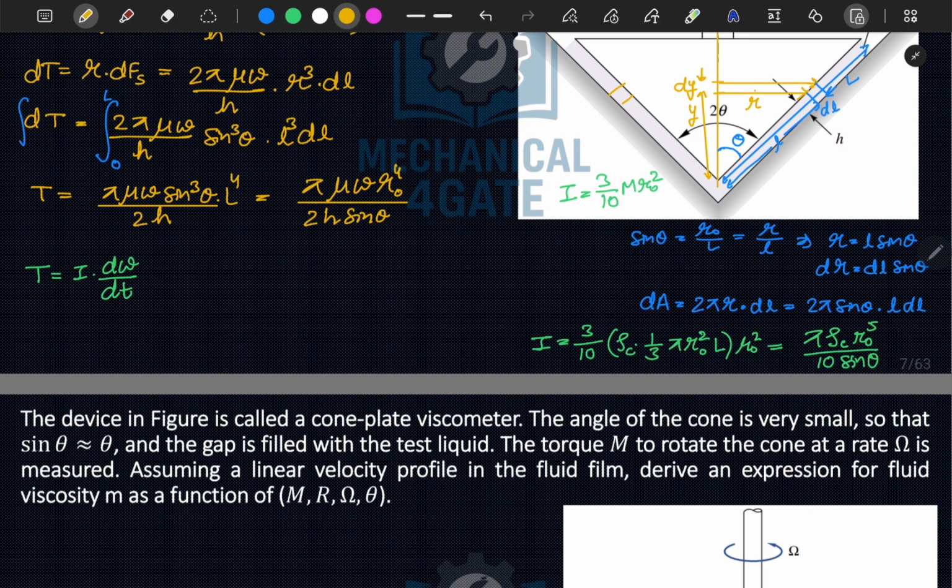So this I can write as minus pi μ ω r naught to the power 4 upon 2h sin theta is equal to I, that is pi rho c r naught to the power 5 upon 10 sin theta.